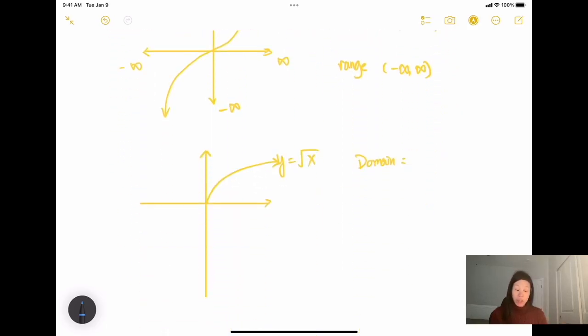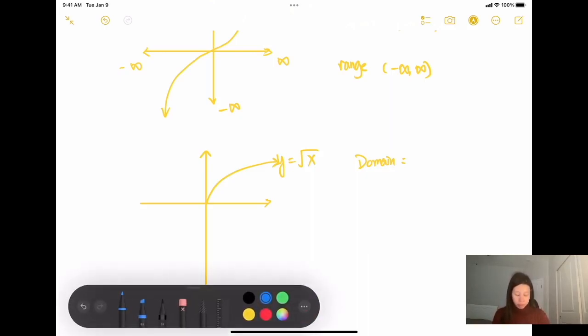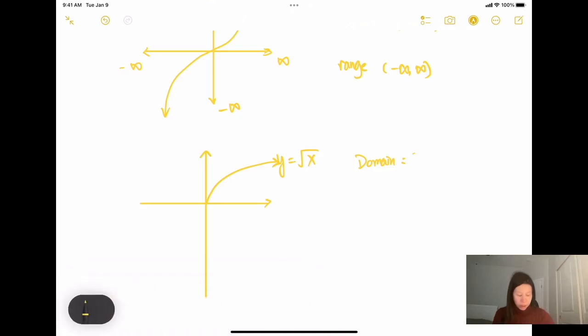So think about square root: every number under the square root has to be greater than or equal to 0, including 0. So the domain should be 0 to infinity, because you can go all the way to the right, but you can't go left, since you can't have a negative number.